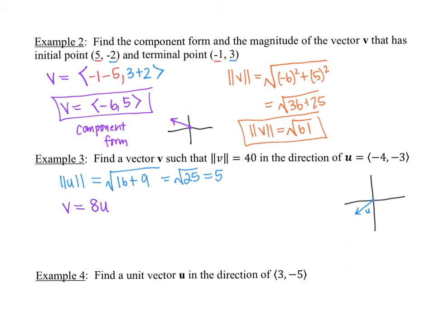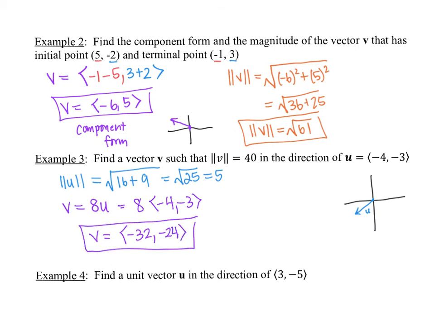I want v to be in the same direction, but I want it to go 8 times as long. So I'm going to do 8 times u. Okay, so that's negative 32, negative 24. Okay, I'm going to sketch this to show you what that looks like.